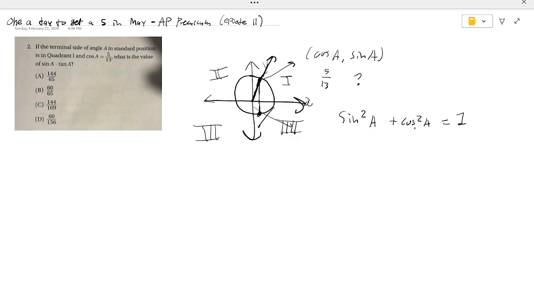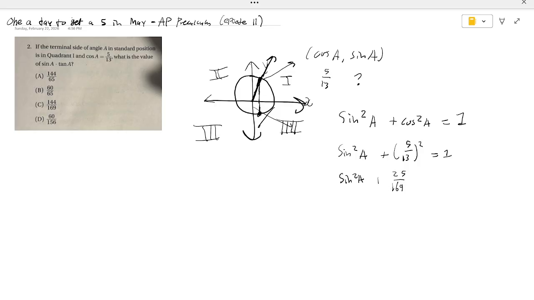So let's plug in cosine of A equals 5/13, right? And let's do a little bit of simplifying. 5 squared is 25 over 9. Oh wait, I'm sorry, that's 13. I apologize. And 13 squared is 169.